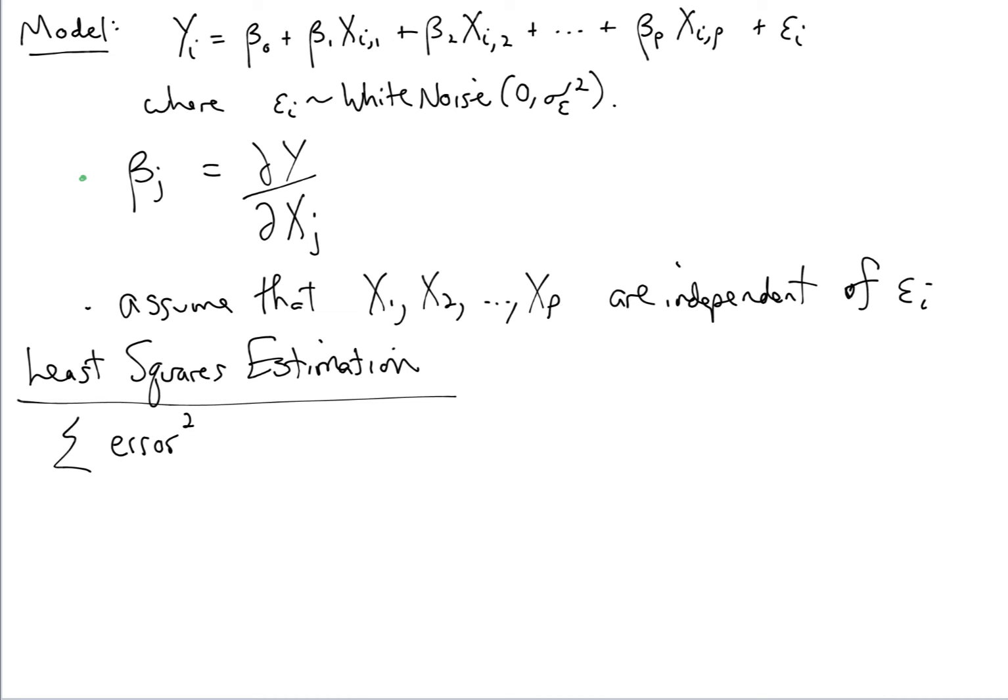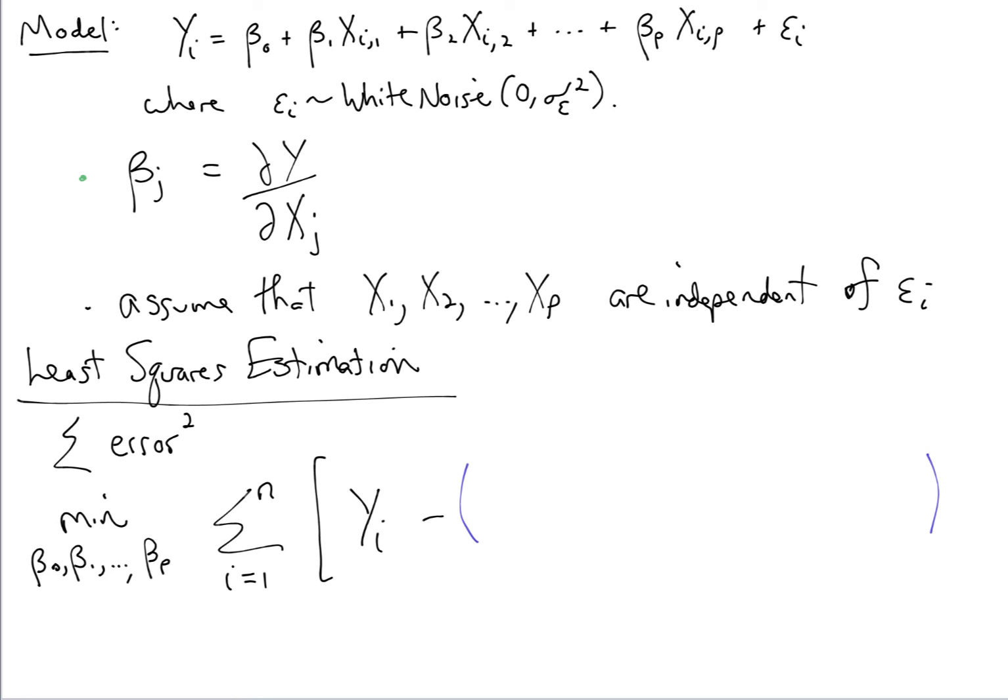In this case, we minimize over all possible beta naught, beta 1, up to beta p, the sum over all the observations, i goes from 1 to n, of the actual observed yi, minus our predicted yi, and then square that difference.